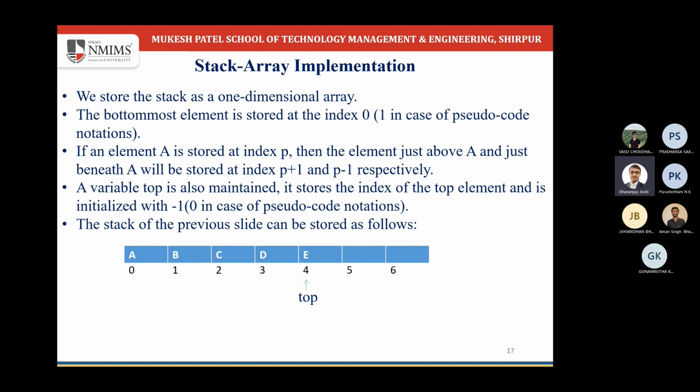It is doing two jobs in one go. One, since f is to be stored in the next index, it is moving to the next index, and after the insertion, f will become the top element, so the value of top is incremented by 1. Just as we incremented the value of n in insertion in the array representation of a list, here the value of top will automatically be incremented. Okay.